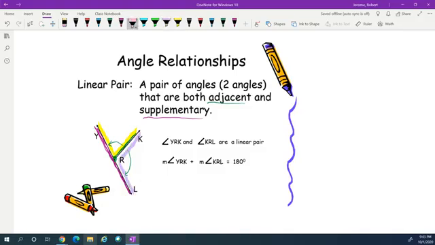That's what makes a linear pair. When we know they're a linear pair, we know that they total 180 because by definition, they are adjacent and supplementary, meaning they total 180. So this is all vocabulary. This section is 99% vocabulary.